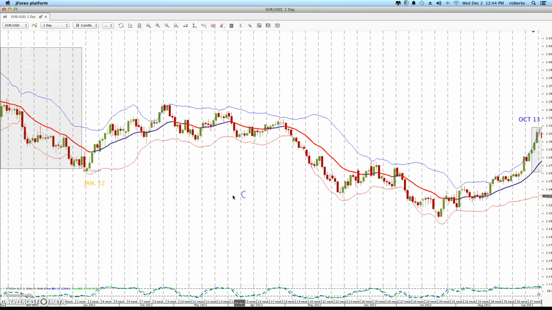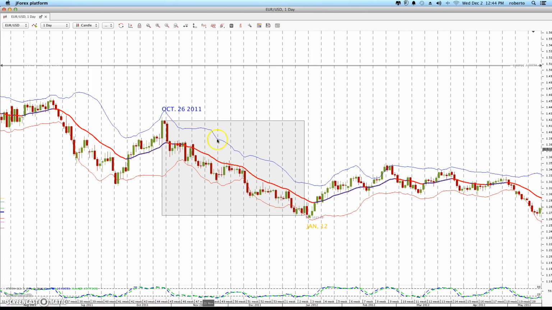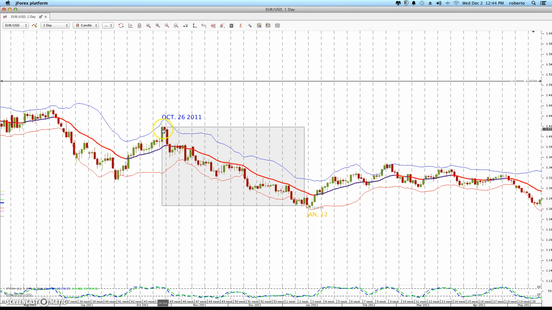Okay. And October 26, 2011, and here again was a perfect sell-off. Mostly just 2 months, November, December, and first week of January.